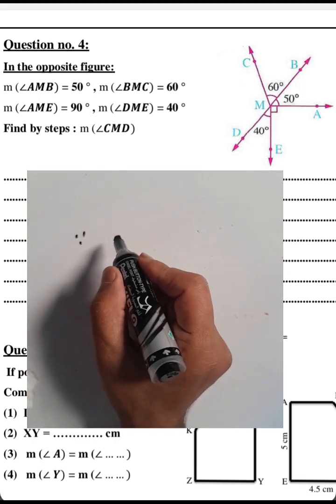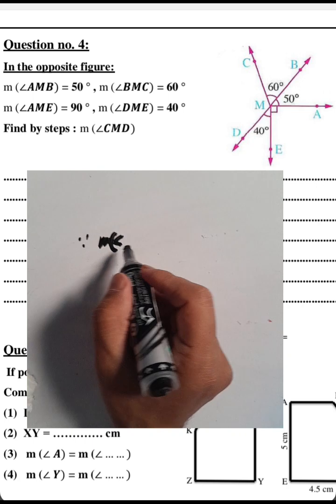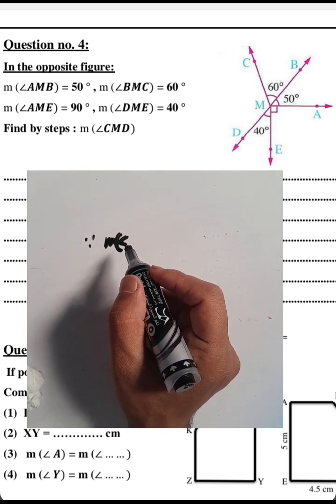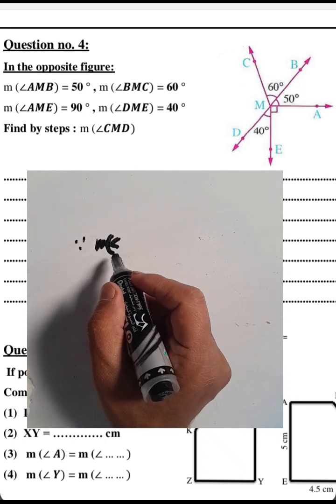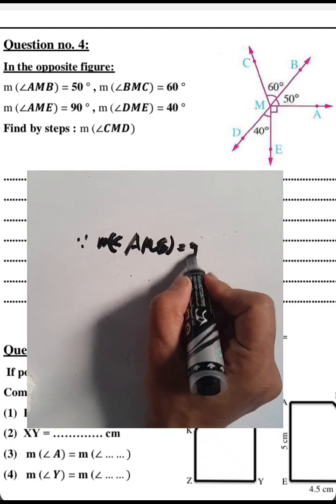The measure of angle AME equals 90 degrees.